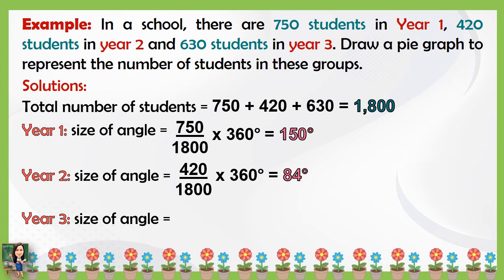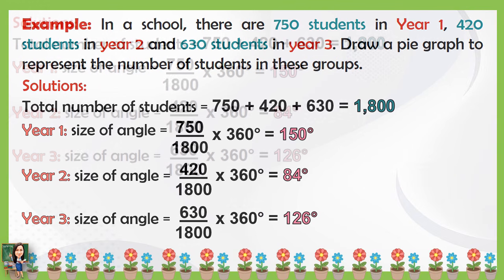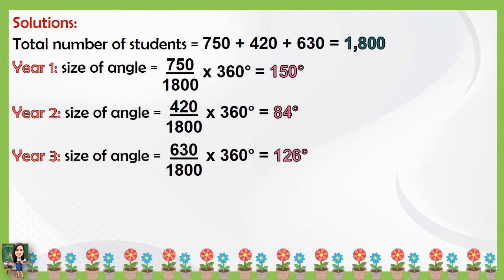Year 3, size of angle equals 630 students divided by 1,800 total number of students, times 360 degrees, equals 126 degrees. Now illustrate this in a pie graph.